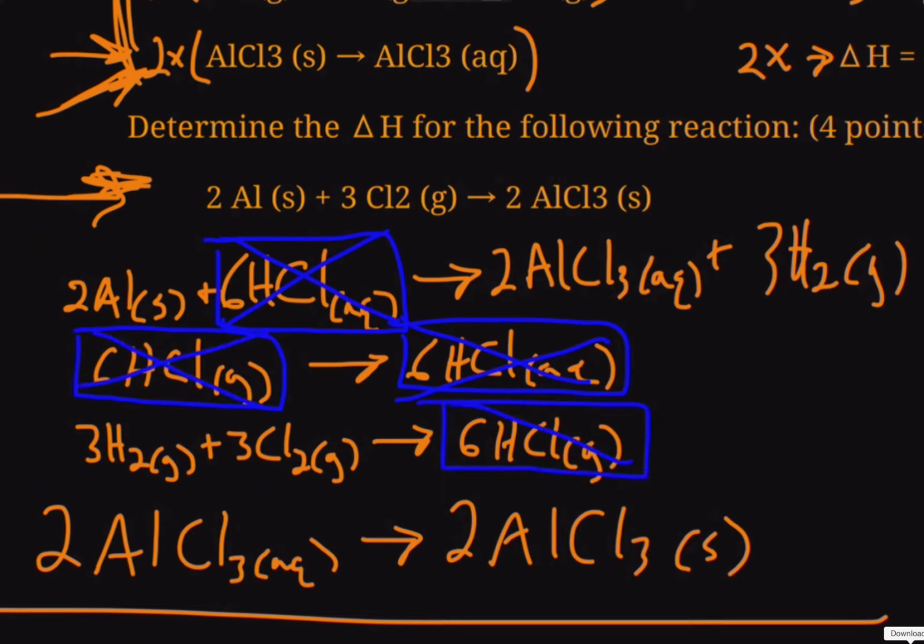So those are going to cancel each other out. So that second equation is just completely canceled out now. It was just there to take care of the hydrogen chloride and the hydrochloric acid that was in the other equations. So the last two things, in the first equation, I have 2 aluminum chloride aqueous. In the bottom equation, I have the same thing on the opposite side, so those get canceled out.